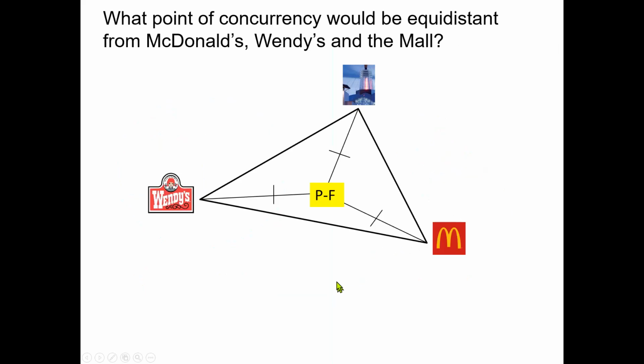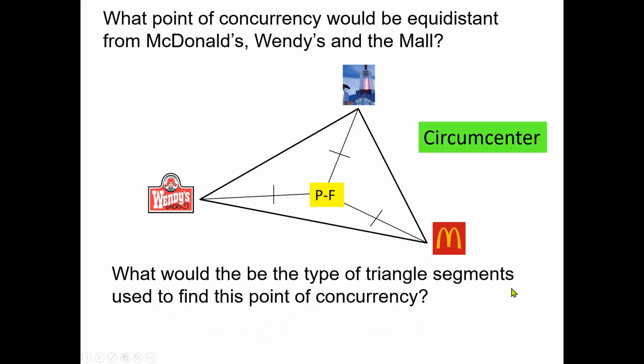Okay, so my portables right here, you got Town East Mall over here, you got Wendy's over here, you got McDonald's over here. What kind of a point is my portable? Circumcenter, that's right, because it's equidistant to all three vertices, right? So question, what type of triangle segments would be used to find this circumcenter?